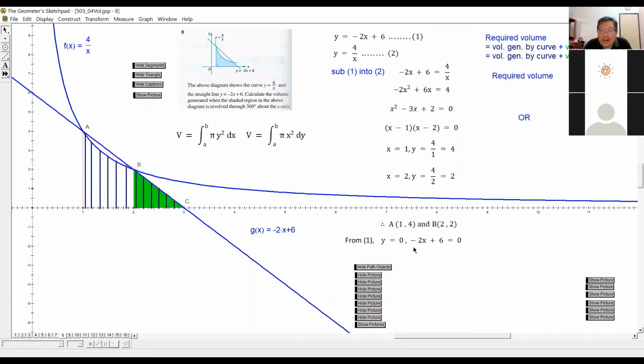So when I put y equals 0 into the equation of the straight line, I have negative 2x plus 6 equals 0. So what is the value of x? X is 3. So the coordinate of C is (3, 0). Okay, so far, any question?